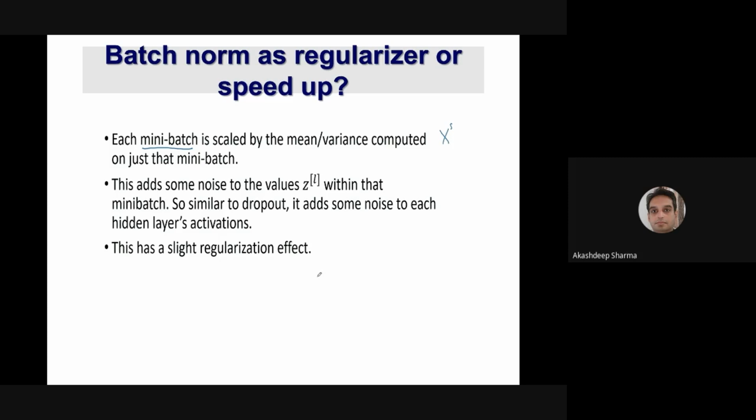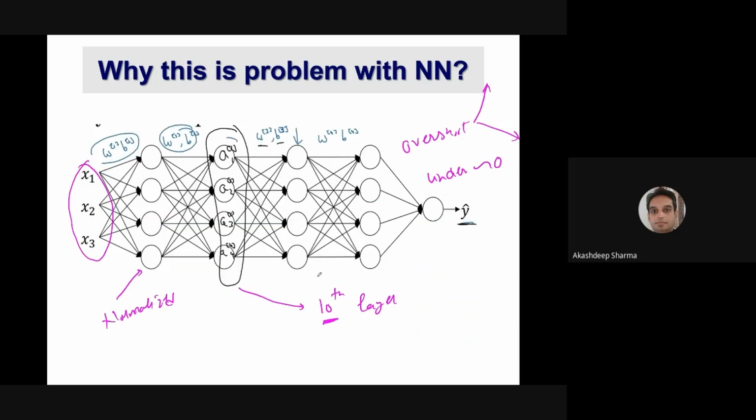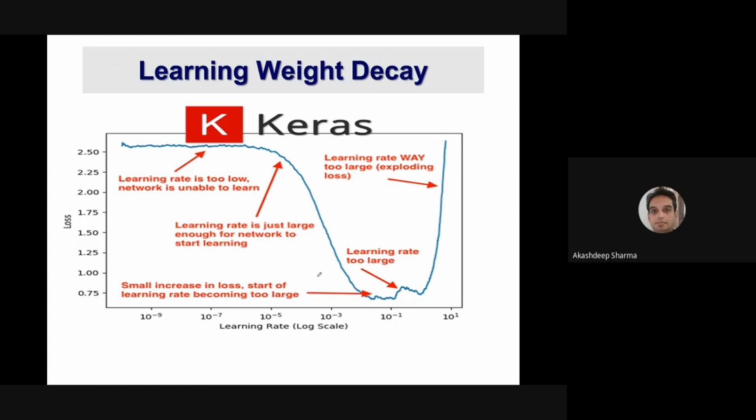So the rule is that you please use batch norm for speeding up your training process rather than adding it as a regularizer. Fine. Okay. Queries. This we have discussed.